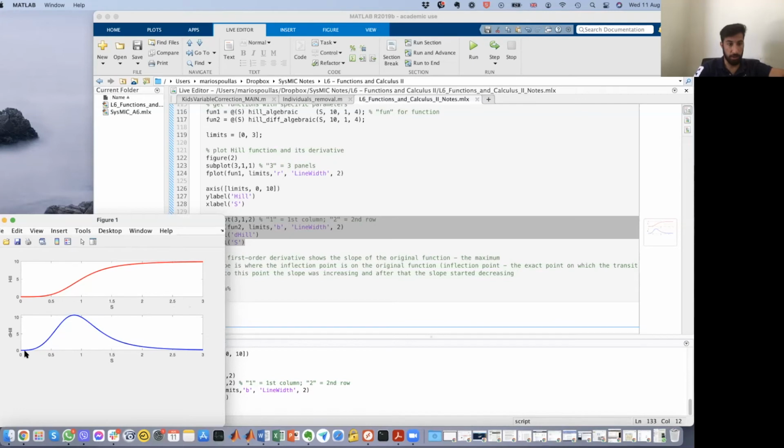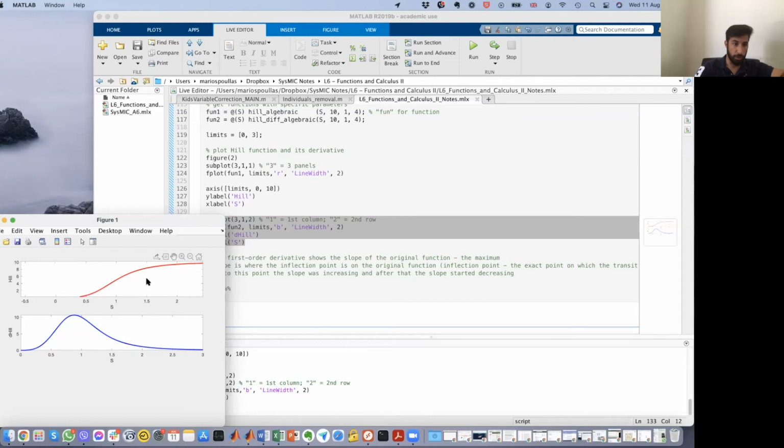You can see here that from 0, or basically from this point, let's say, the slope starts increasing. And then from a point onwards, which seems to be here, the slope starts decreasing, decreasing until it reaches the maximum rate.